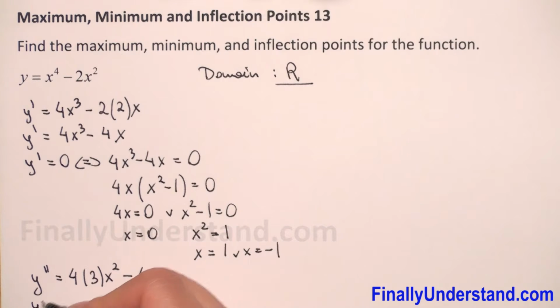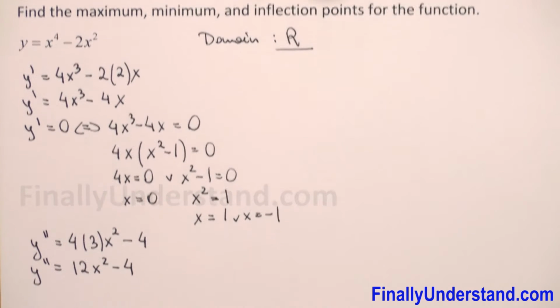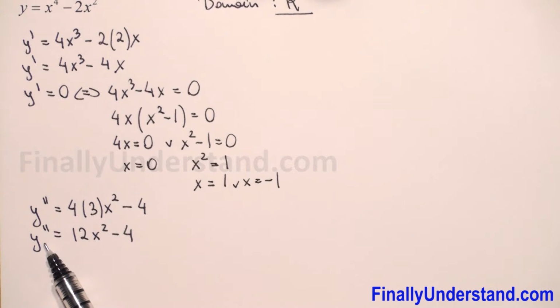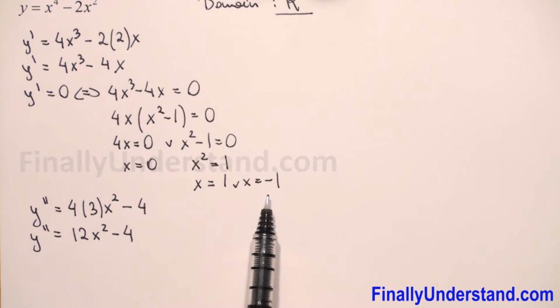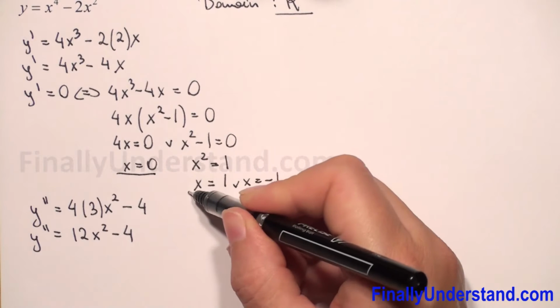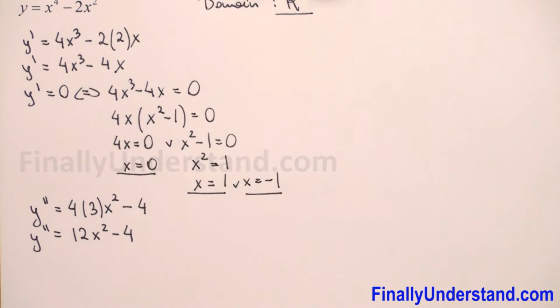So y double prime is equal to 12x squared minus 4. Next, now that we have the second derivative, we have to calculate it for 0, 1 and negative 1. These are our critical points.